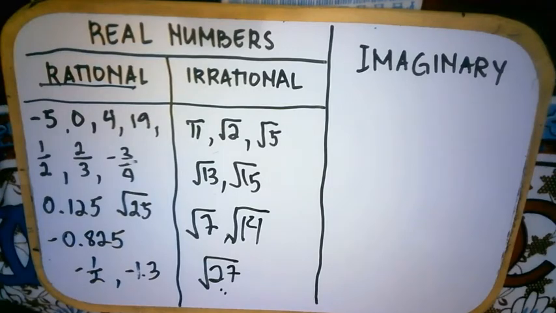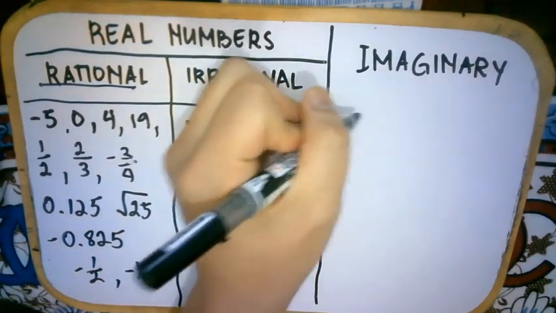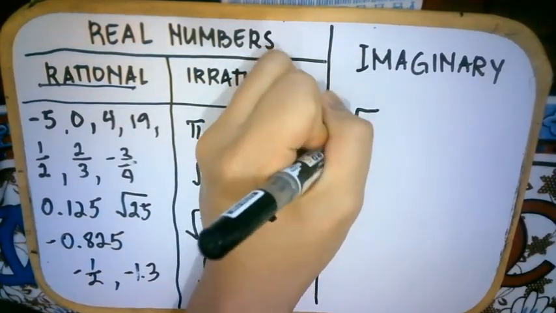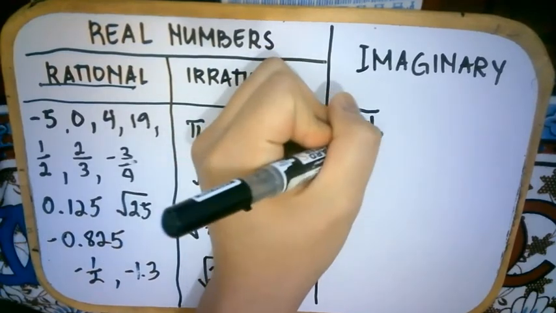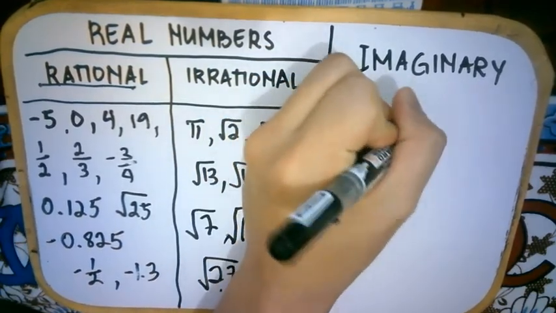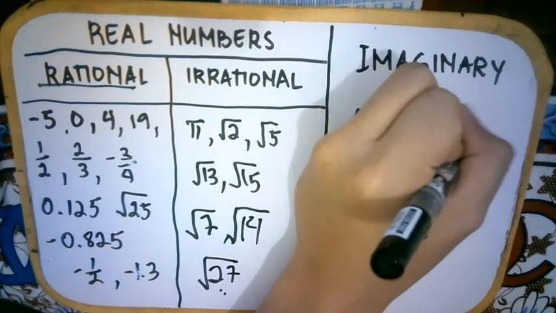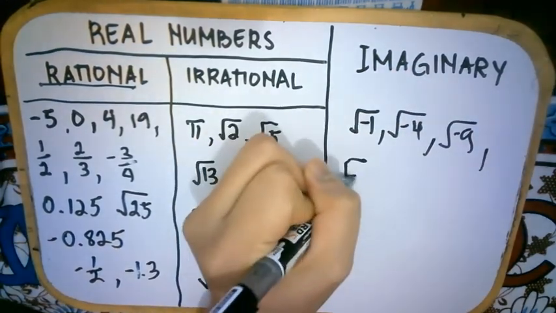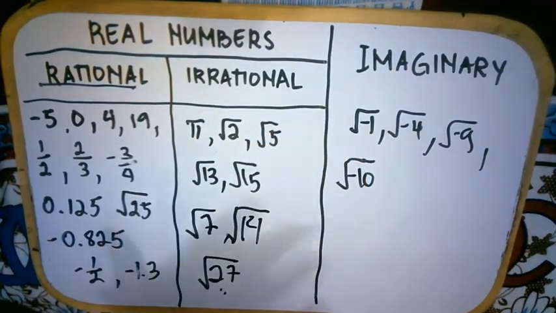Next one is imaginary. So, ang example ng imaginary numbers, square root of negative 1, square root of negative 4, square root of negative 9, square root of negative 10, and kung mapapansin nyo, may mga similarity sila.